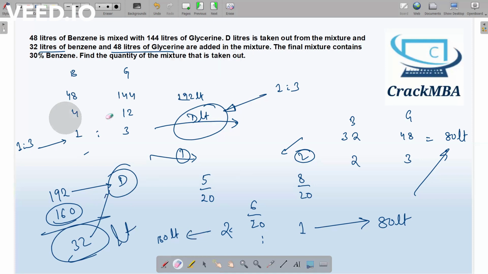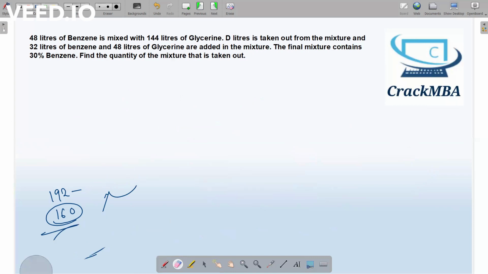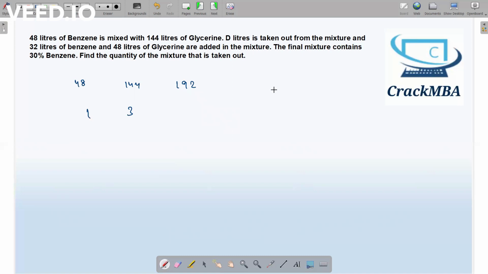Let me do this entire process very quickly again. Initially there were 48 liters of benzene and 144 liters of glycerin. This sums up to 192 liters, in the ratio of 1:3. After removing D liters, the ratio will still remain the same, and I'm adding 32 liters of benzene and 48 liters of glycerin. This is 2:3.